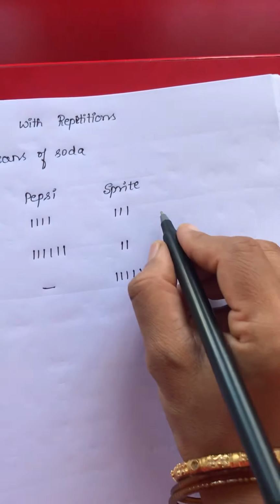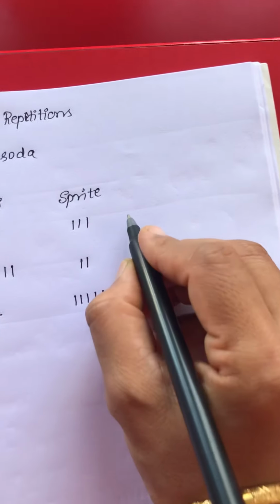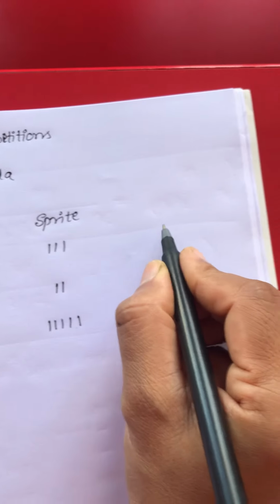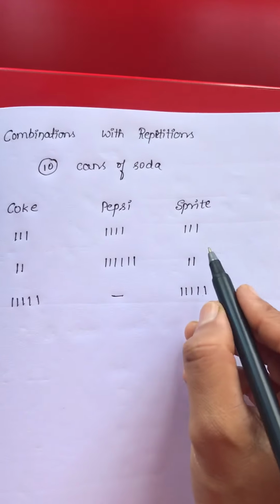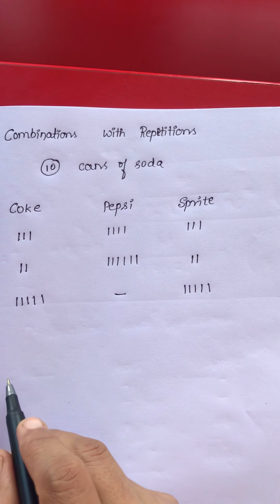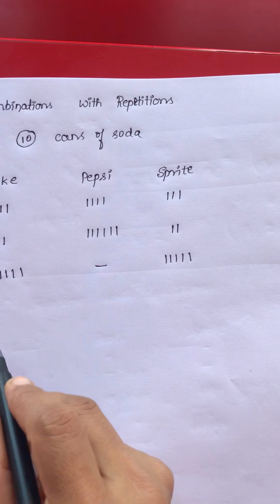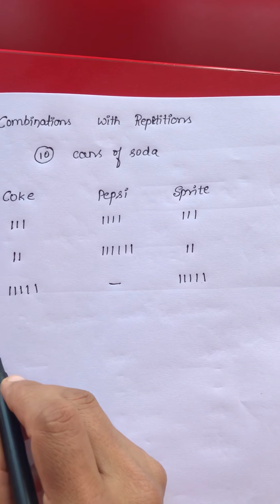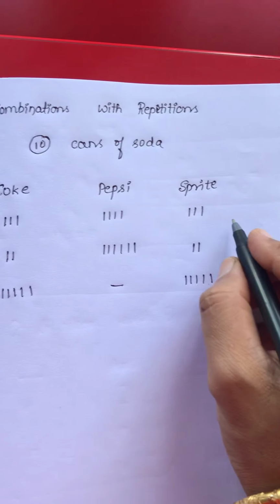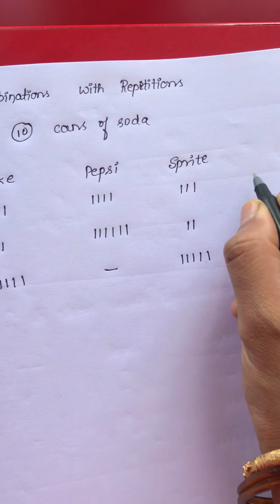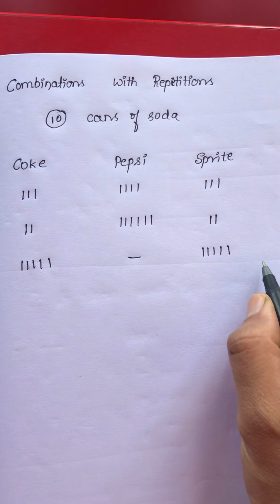Everywhere 10 ones will be there. If I just write 1 1 1 1 1 1 ten times, nobody will understand how many Coke, how many Pepsi, how many Sprite the person has taken. Anyway, in total 10 ones are there in every case.